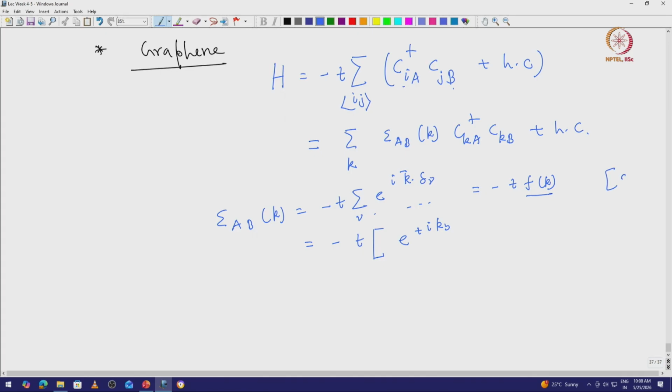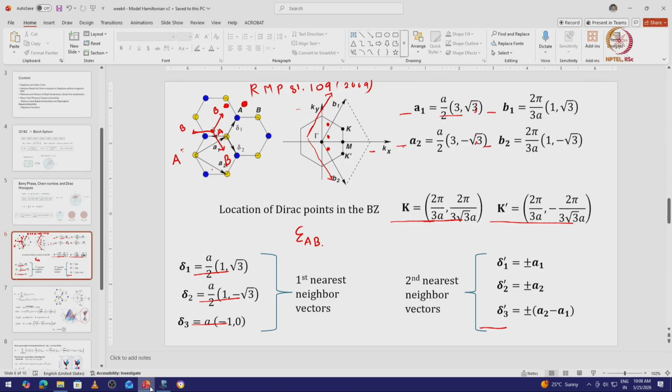I set a, the lattice constant, to be 1, which can be easily obtained by substituting the nearest neighbors which we gave here.